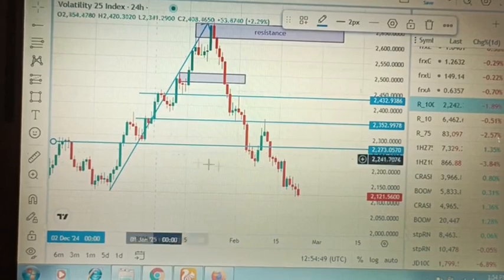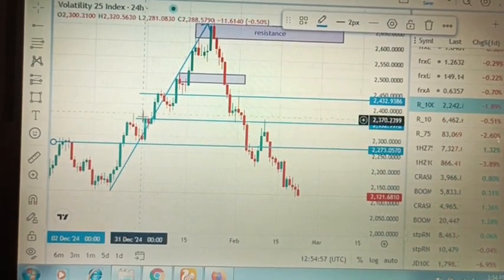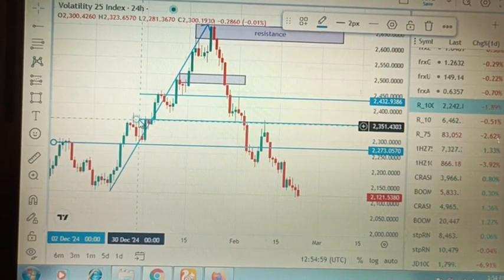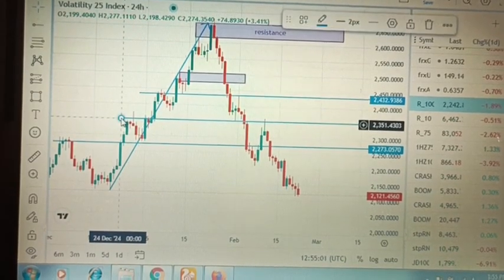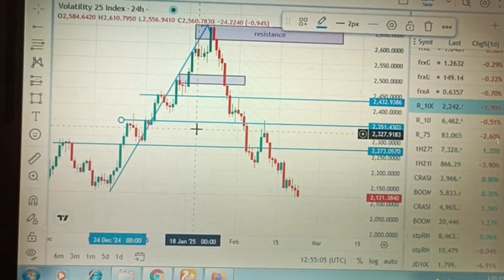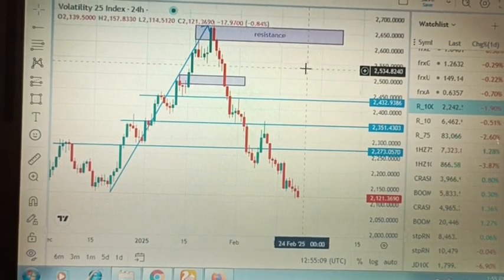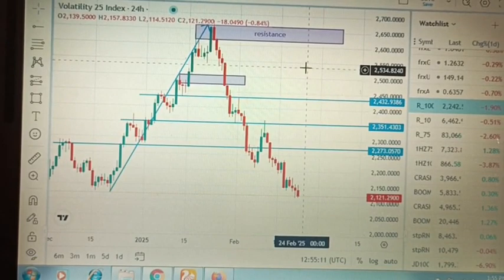So, the question you should be asking me is: teacher, or sir, if this resistance is everywhere like this, as you just said, why didn't price reverse at any of these resistances? Why is it that only here it stopped price from going up?